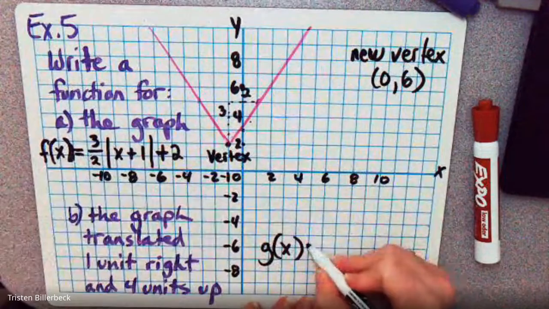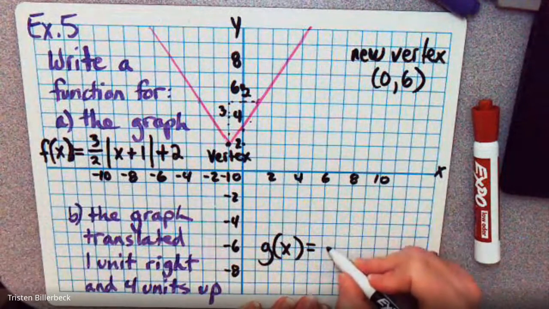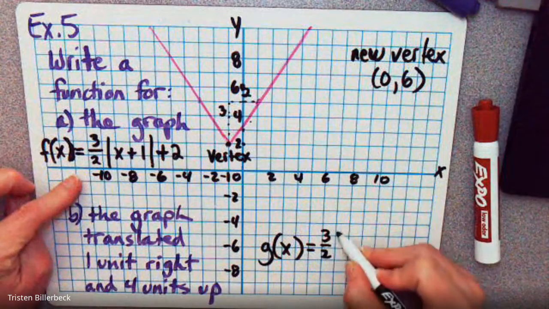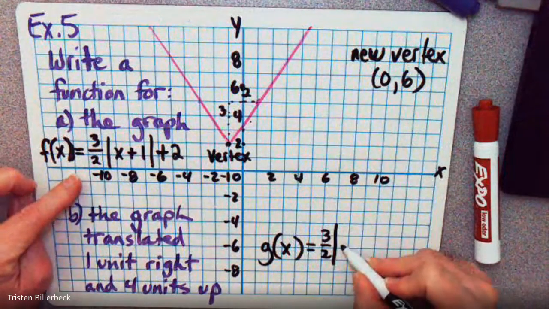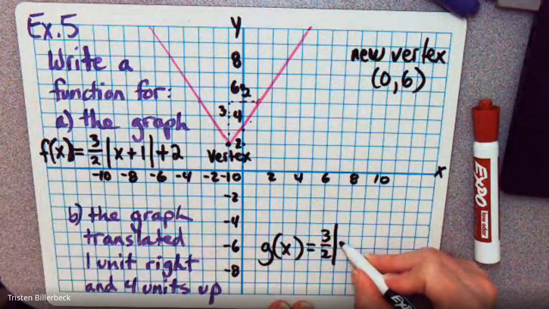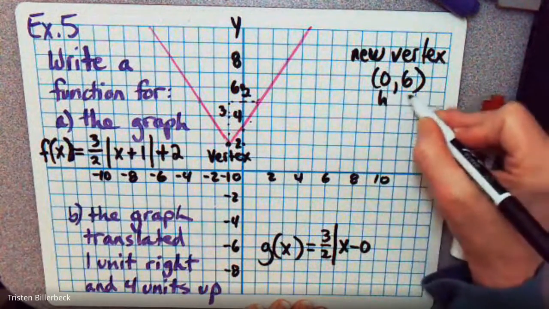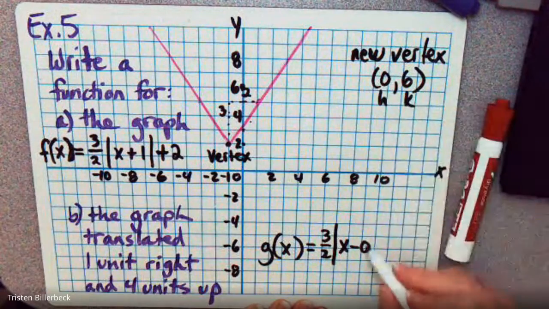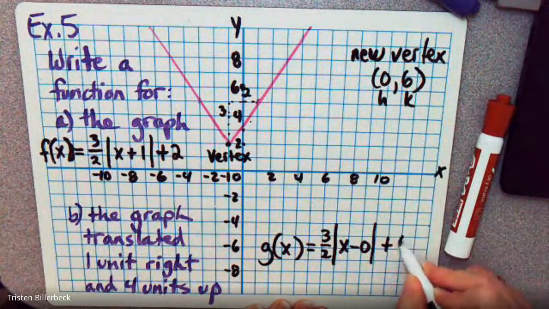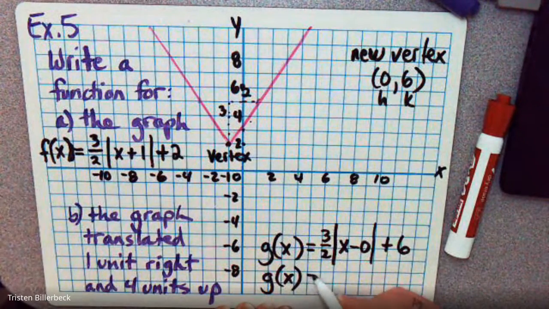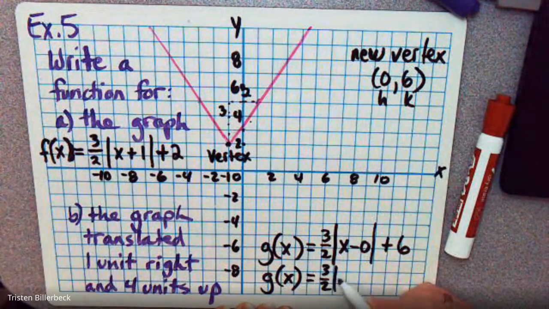So we're going to write g of x equals, a is still going to be the same, 3/2 the absolute value, but now it's x minus 0 because h is 0 and k is 6. So we're going to do plus 6. So our final equation for that new translated function would be 3/2 the absolute value of x plus 6.